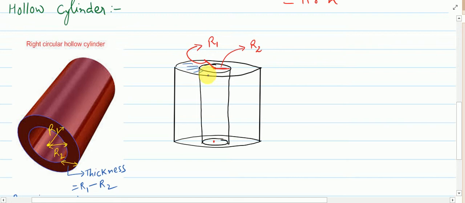Here you can see, this is called thickness. So this shaded part will be called thickness, and this thickness is equal to outer radius minus inner radius. You can check in this image also.